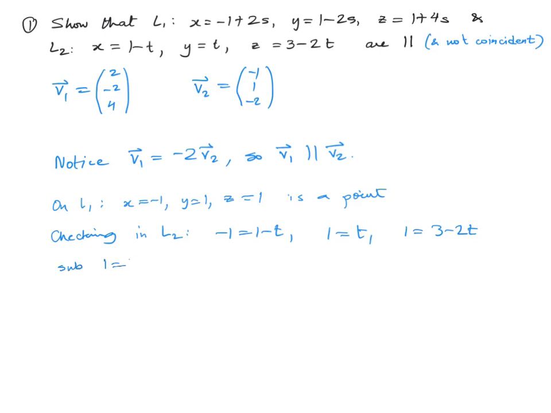Sub 1 equals t into the x equation. And you're going to get negative 1 equals 1 minus 1, question mark, which is obviously false. So the 1 equals t didn't work with the x. It only worked with the y. Therefore, the point that we found here can't possibly be on the other line. So negative 1, 1, 1 is not on line 2.